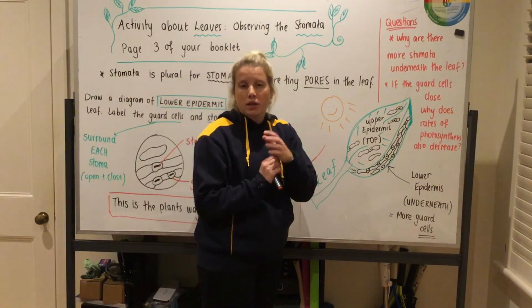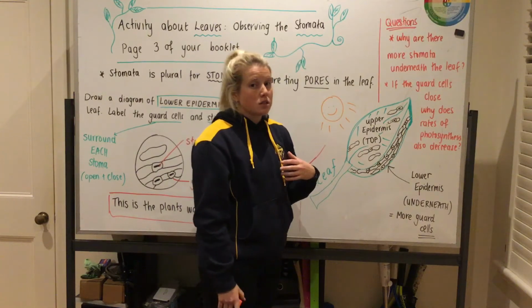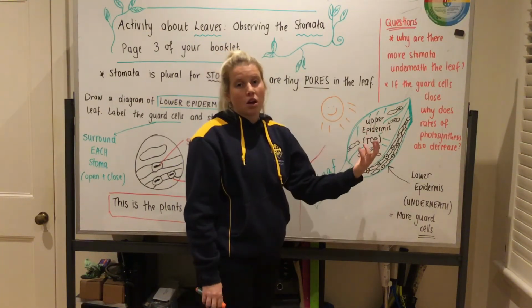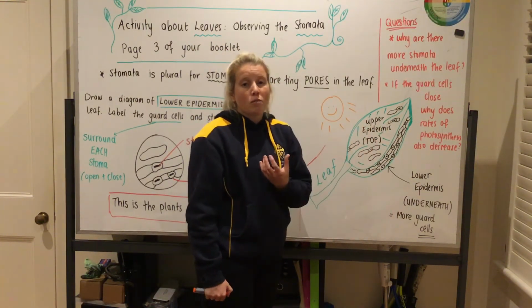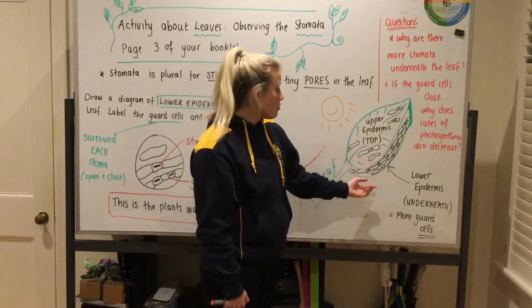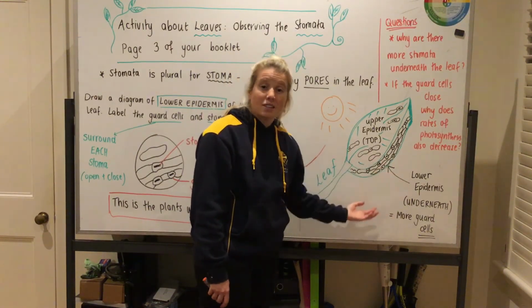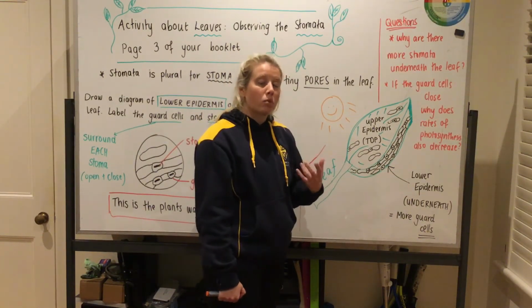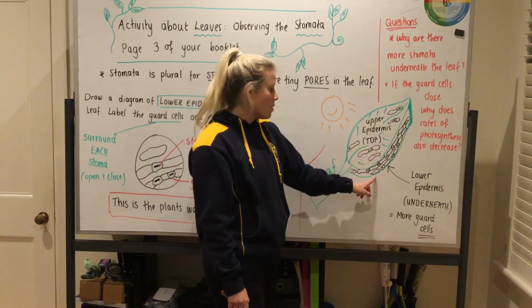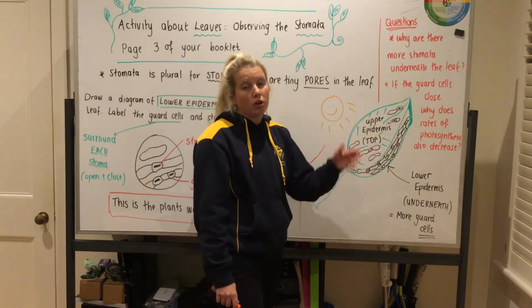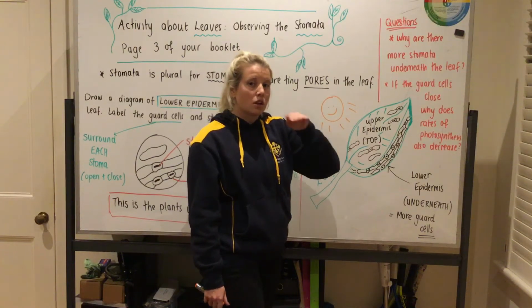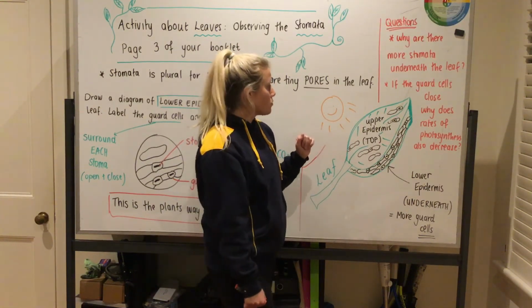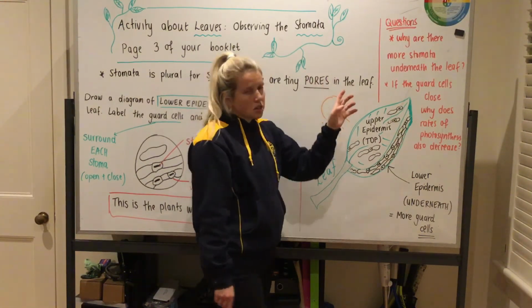It's a little bit more protected. So it means that, yes, we capture the sunlight, but in terms of making use of water and effectively exchanging gases and finishing off that process of photosynthesis, it's much more effective for it to occur in those cooler conditions in that lower epidermis. So that's question number 1.